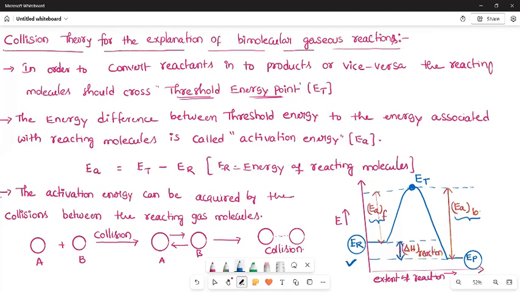But the part we are discussing here will be discussed in chemical kinetics, which is what we are studying. So, the activation energy of any reaction is equal to threshold energy minus energy of the reacting molecules. The reacting molecules may be reactants or products.